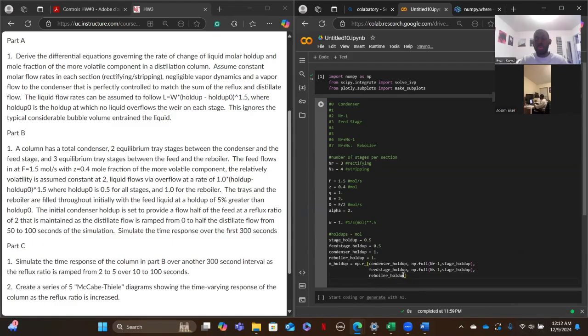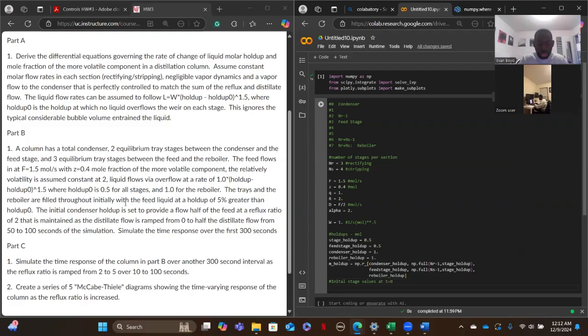Now we have our mole flow rates for our holdup. So next we want to get all of our initials out of the way. So we will set up our initial moles, because we know from our prompt that the distillation columns are already initially filled. So the trays and the reboiler are filled throughout initially, so we need to represent that as well. So initial stage values at t equal to 0.